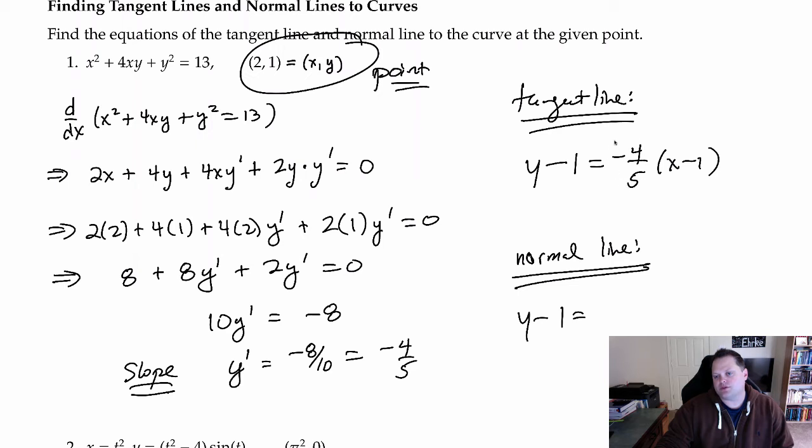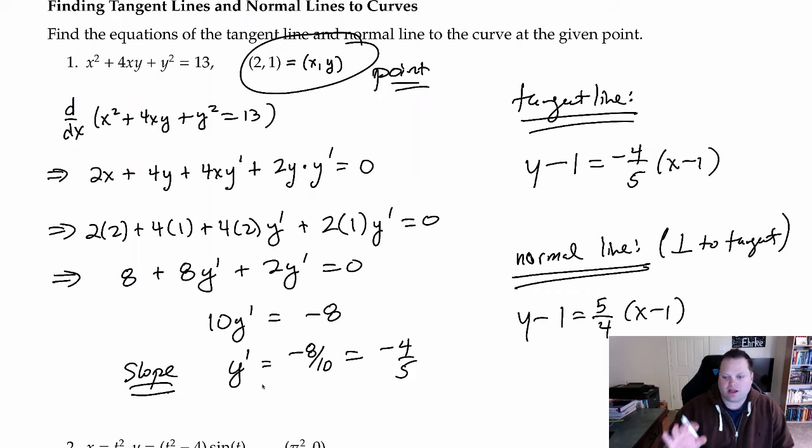So if negative 4/5 is the slope of the tangent, remember the slope that's perpendicular to that. The slope that's perpendicular to the tangent line would be positive 5/4. It would be the negative reciprocal of that one. So this would be the normal line to the curve at that point.